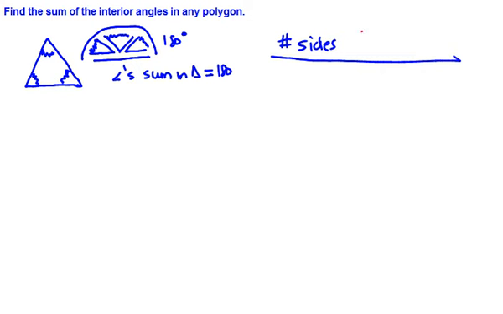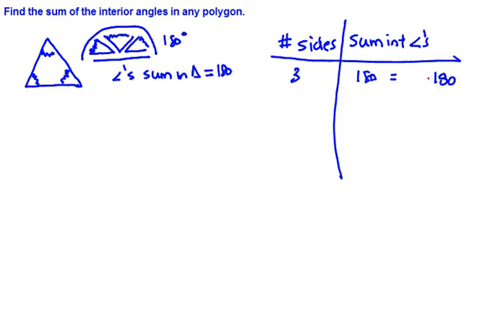Our second column will be the sum of the interior angles. What we just showed here is that a triangle has 3 sides. My angles total 180. And I'm just going to say that 180 is the same thing as 1 times 180.